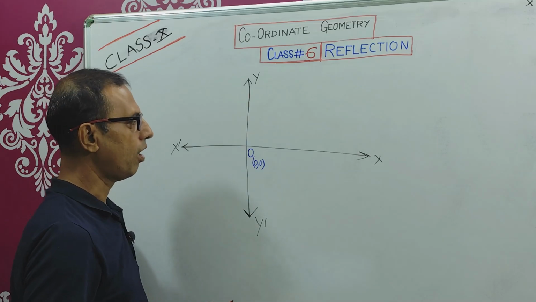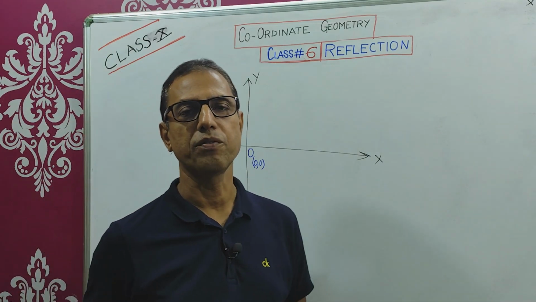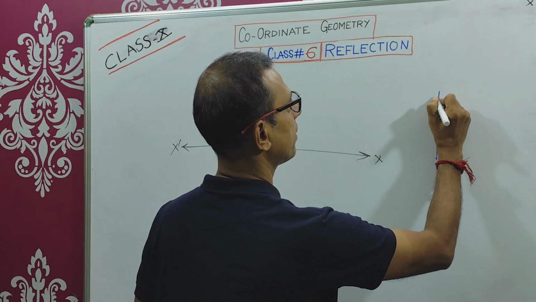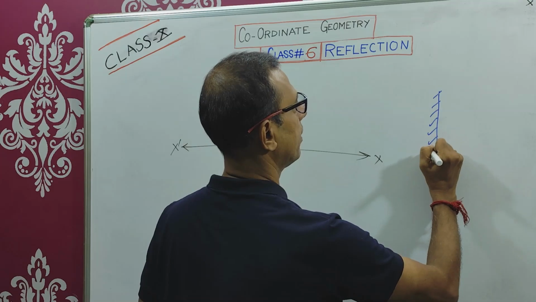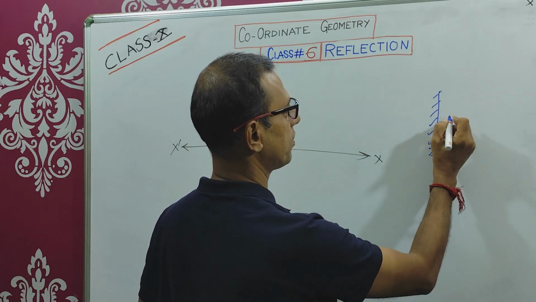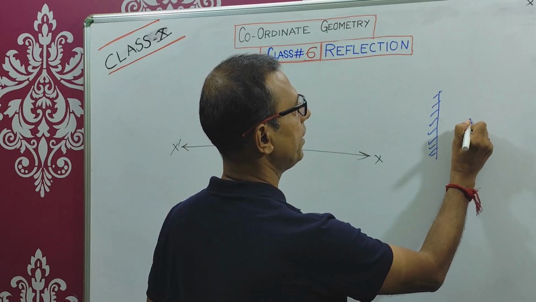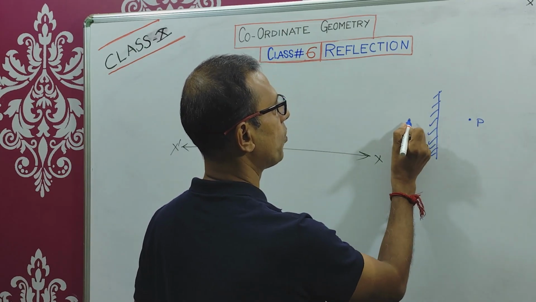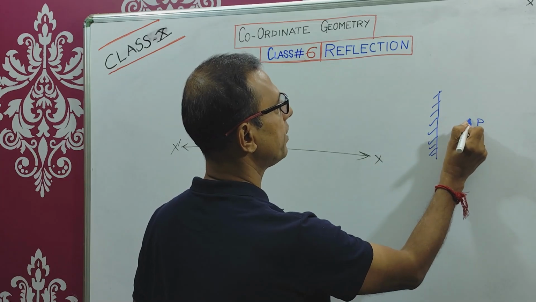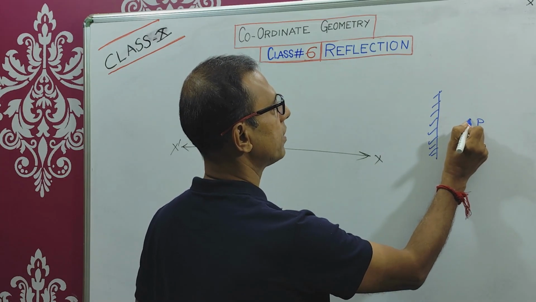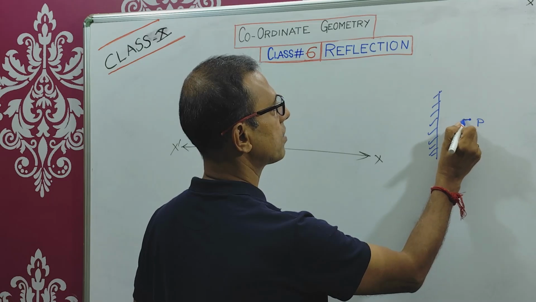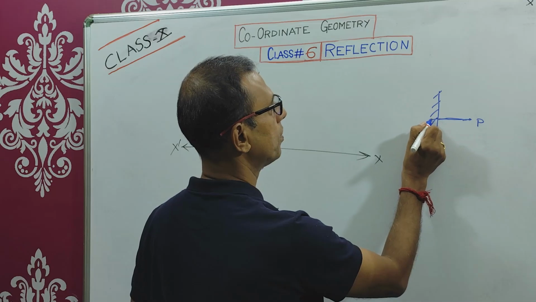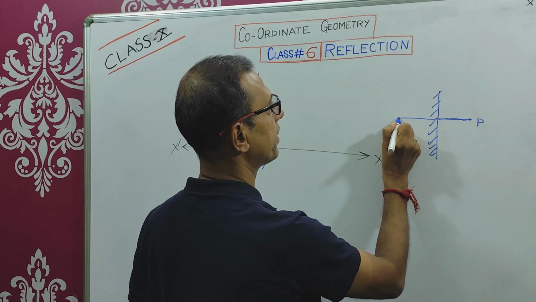Now reflection, in physics, what you know is that if there is a mirror, and this side is the transparent one, there is a point P, and the image of point P will be at equal distance. If P is the object, then the perpendicular distance from the mirror line will be equal to the distance where the image is created.